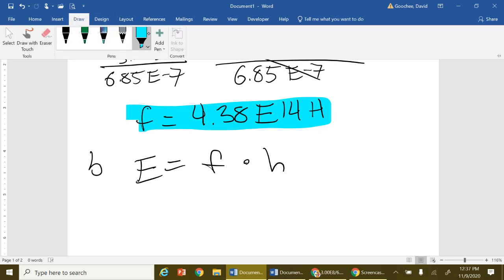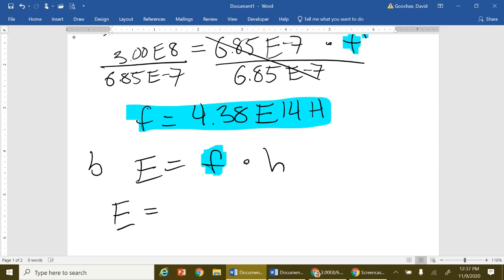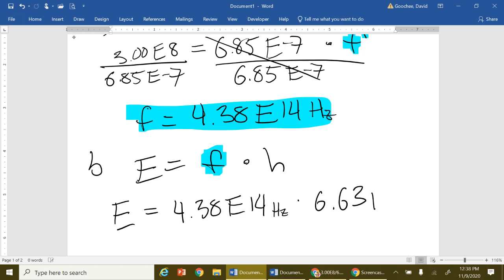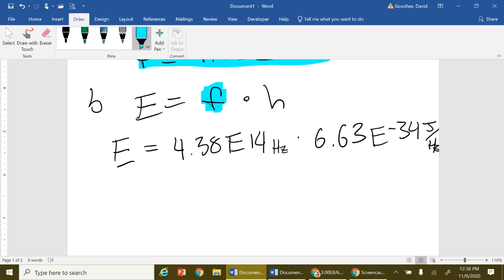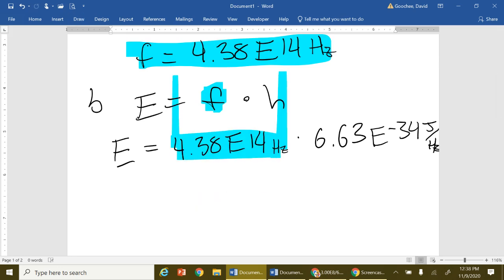We know the frequency from above, so the energy equals 4.38 times 10 to the 14th hertz times Planck's constant, which is 6.63 times 10 to the negative 34th joules per hertz. And then we just multiply those two values together.